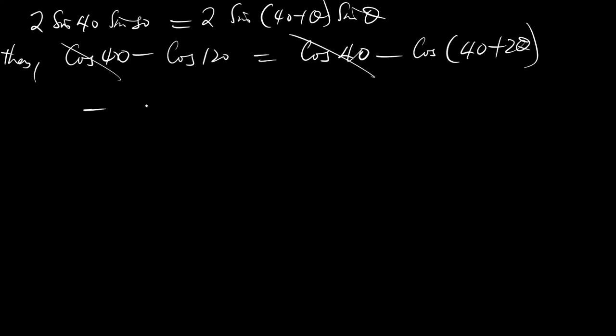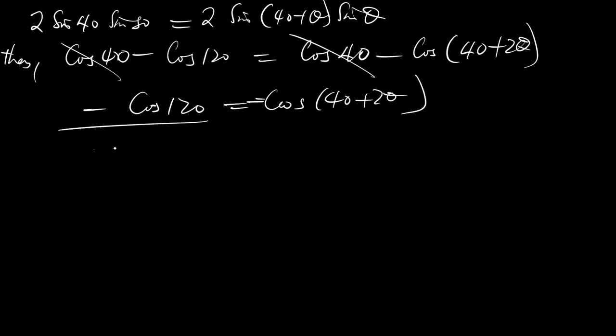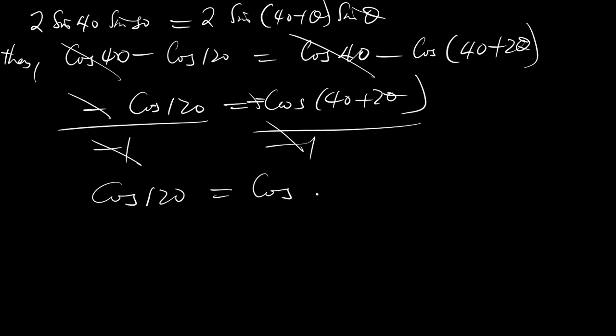You now have minus cos 120 equal to minus cos(40 plus 2 theta). There is minus here and minus here, so let's divide both sides by minus 1. You now have cos 120 equal to cos(40 plus 2 theta).